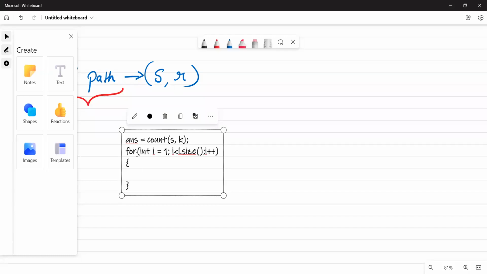Next you will check here, whiteboard is getting stuck, okay, if L of i dot left is equal to L of i minus 1. I'm just writing pseudocode here. This is not perfect code at all, so please don't follow it.